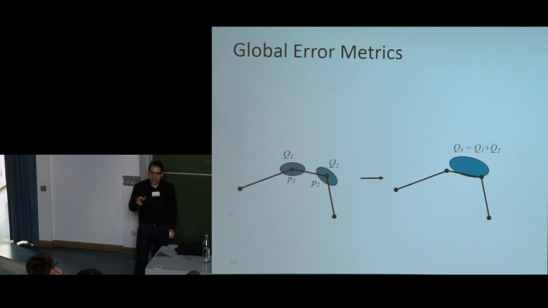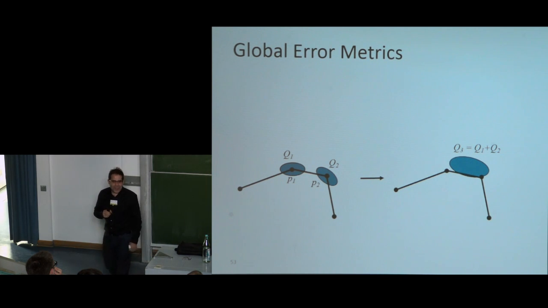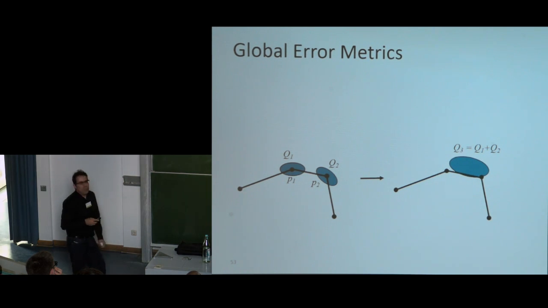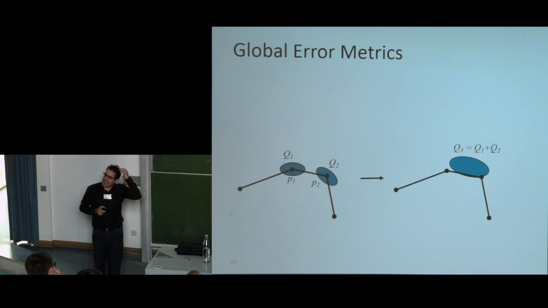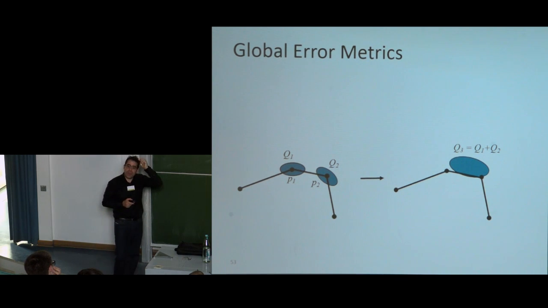So there was a work a long time ago, I remember in a workshop, that proved that in some specific cases, this accumulation can be wrong. Okay? This is one of the drawbacks of this metric.